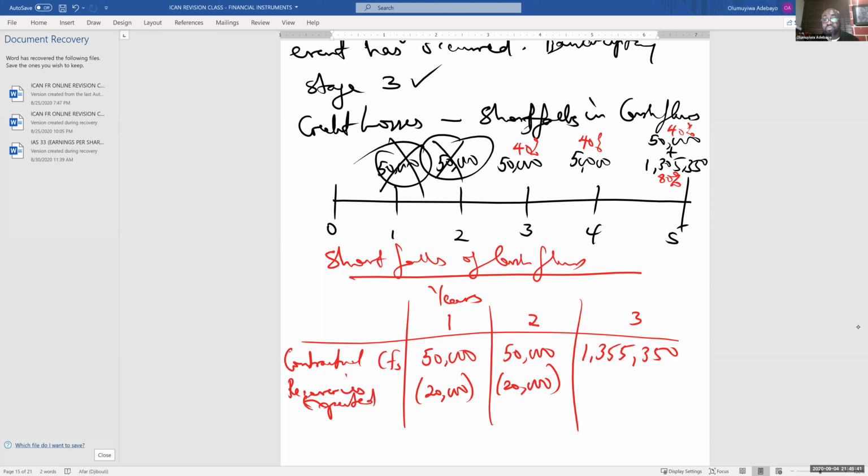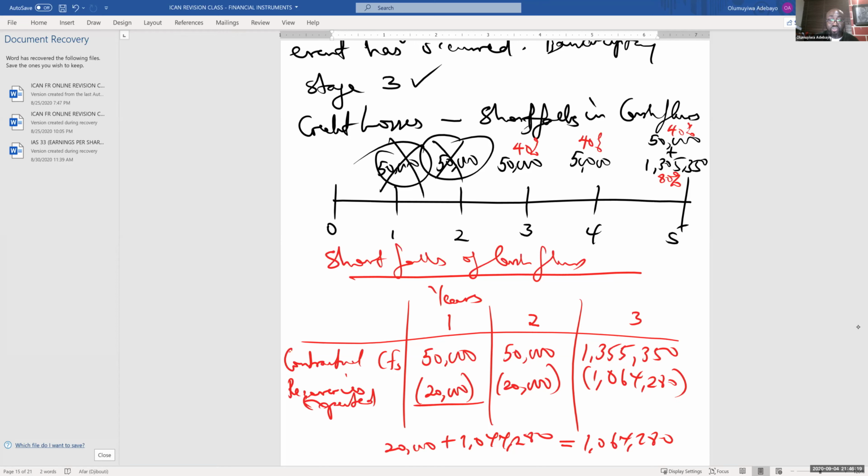40% of 50,000, which is 20,000, plus 80% of 1,305,350. 80% of that is 1,044,280. If I add it together, I have 1,064,280, which means what I can recover here is 1,064,280.